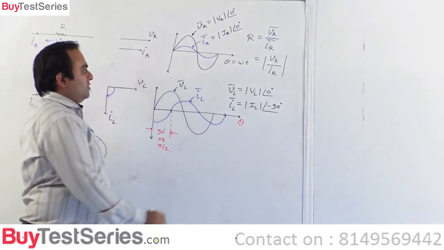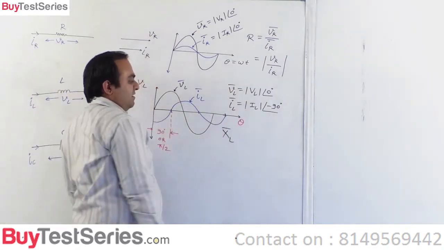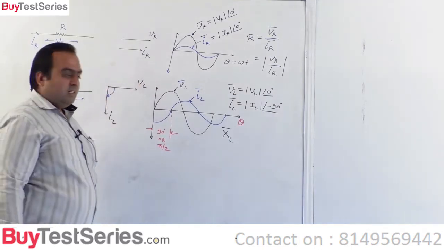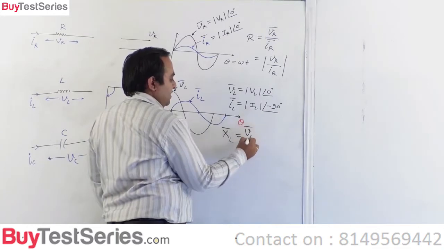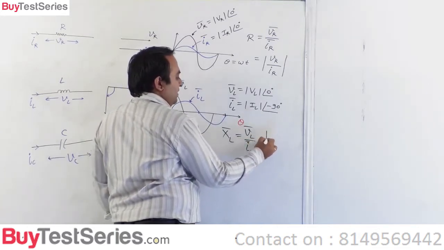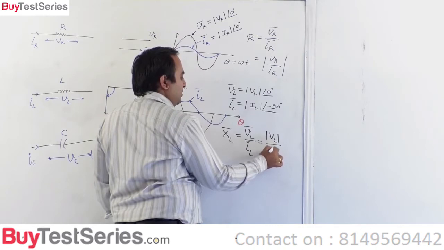Is this okay? So the inductive reactance XL, when you divide a phasor by a phasor, you will definitely get a phasor. So it is the VL phasor upon the IL phasor, so it will be VL magnitude upon IL magnitude.